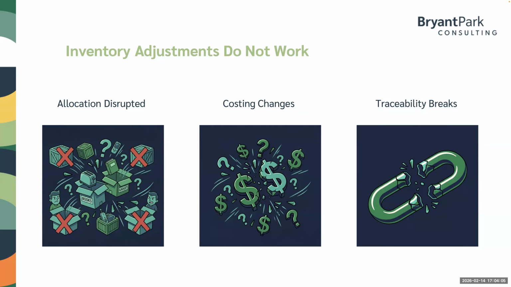Secondly, you are disrupting the way that costing occurs in the system, and you could inadvertently change the valuation of your inventory, especially in FIFO, LIFO costing environments. And thirdly, your lot genealogy or your serial genealogy changes by adjusting the inventory out and then back in. You've effectively interjected two transactions into the genealogy that will cause questions if people are looking at it.